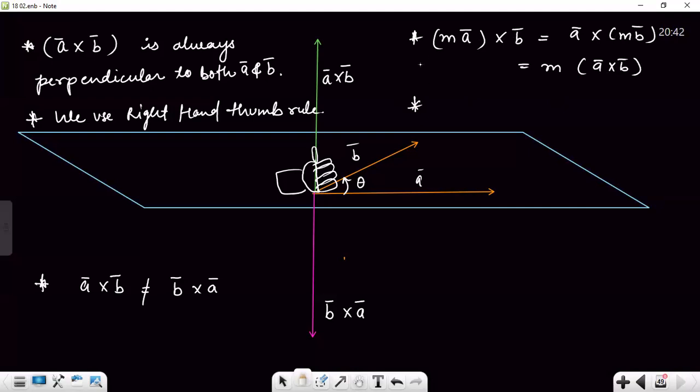M is a scalar here, remember. This is also distributive. Distributive means A cross B vector plus C vector. This is just to remember these. Distributive means that it will distribute itself. This is the distributive property.